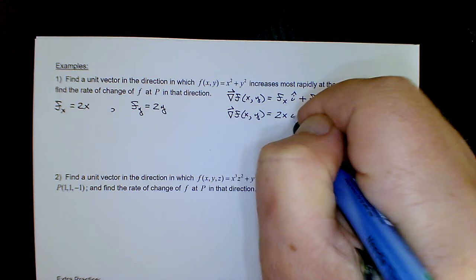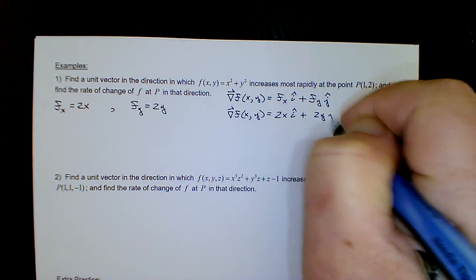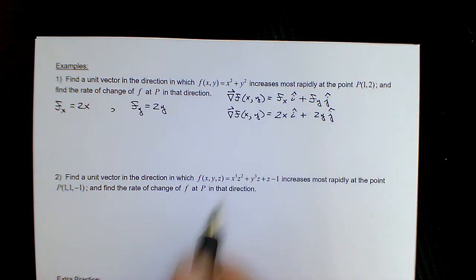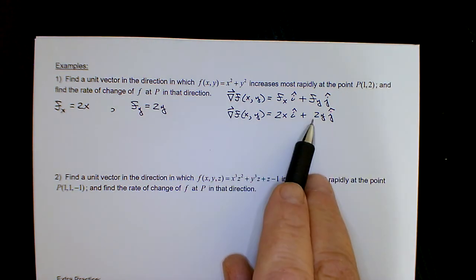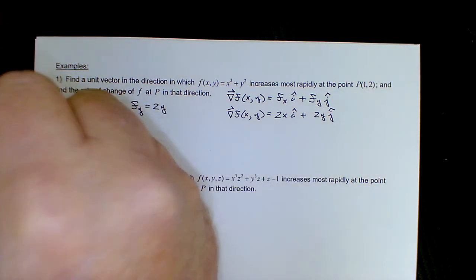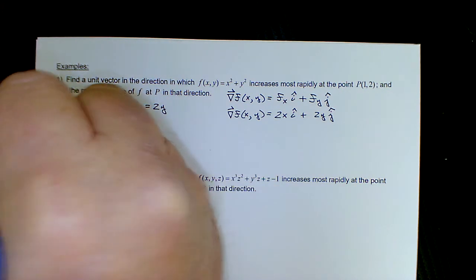And then you could actually just plug the point 1, 2 in there, and that would give you the vector for maximum increase. But if you want, I've been doing this where I've shown the substitution into the partials, and then substituting into the definition for the gradient.